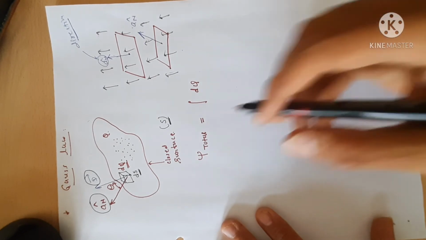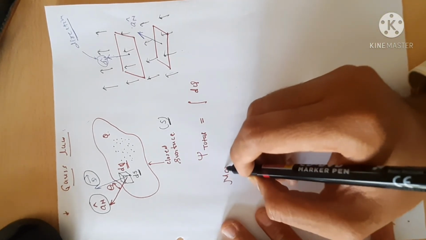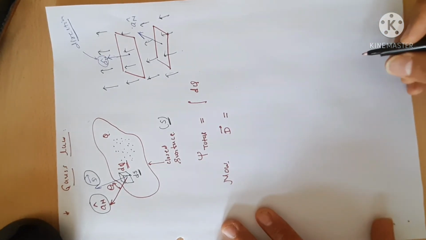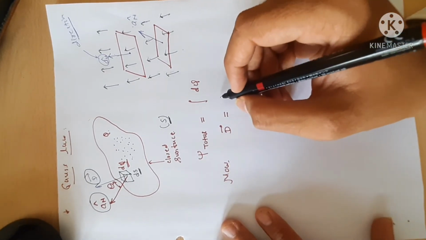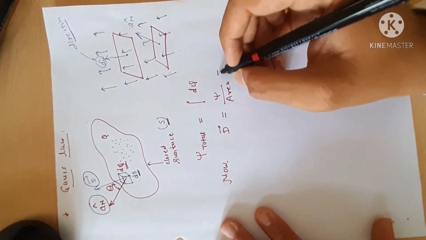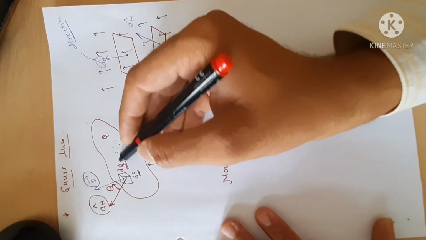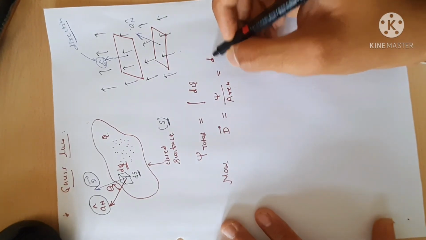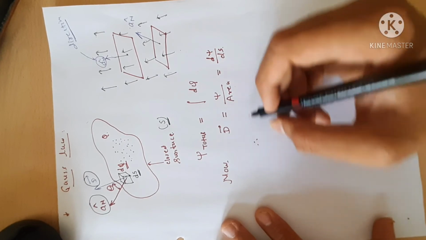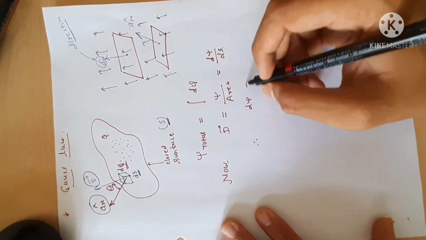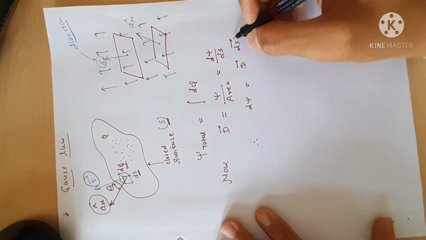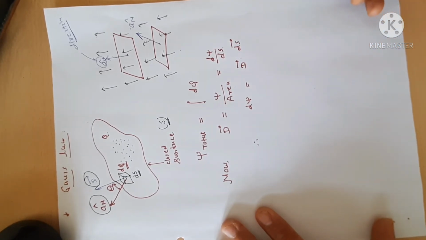Now, according to the definition of electric flux density, which is psi upon area, but here we consider the differential surface, so it is differential flux and differential surface. So dψ is equal to D dot dS vector, because the surface dS is also a vector quantity.